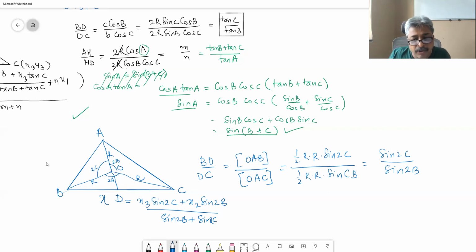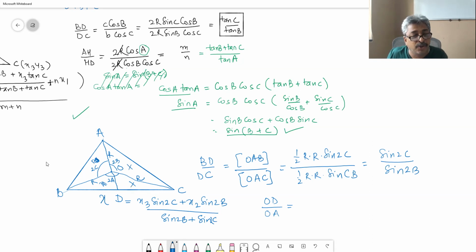Now, if I really want to write down OD upon OA, OA is R. So OD is this area, also, this area upon this area.